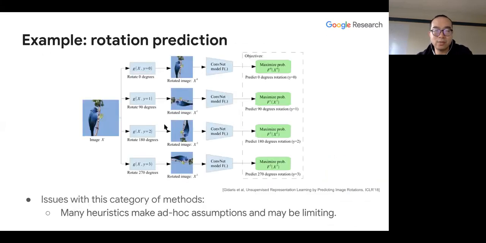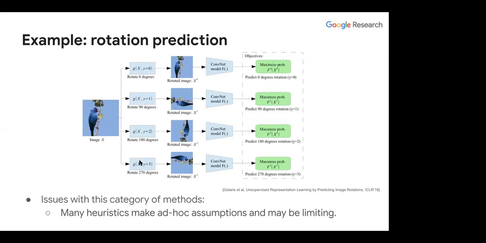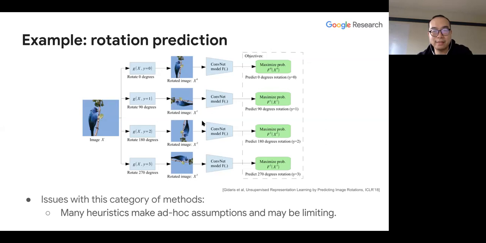And then this one I highlighted here is a pretty simple pretext task that people found yields quite good results, which is that you take an image and rotate it by 4 different degrees, creating a 4-class classification problem for the model. Then basically you take some network and produce the rotation degree as one of the 4 choices.